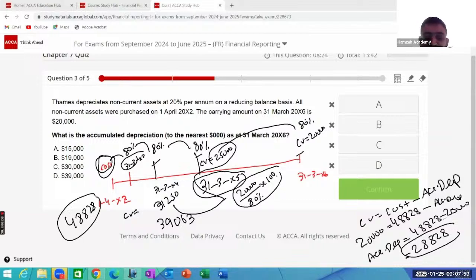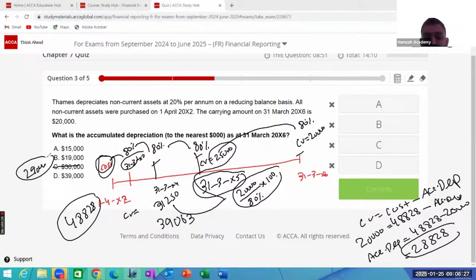And there is no option in this question which is 28,828. And let me tell you, this is a mistake in this question. There should be an option which should be 29,000, nearest to the 1,000. If there is any option of 29,000, I would have chosen that option.